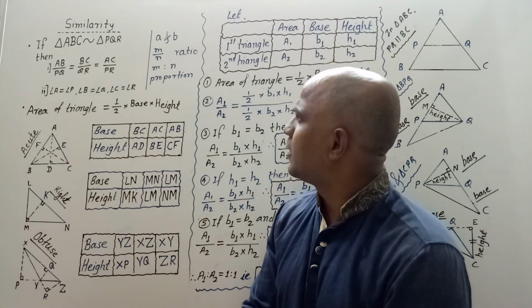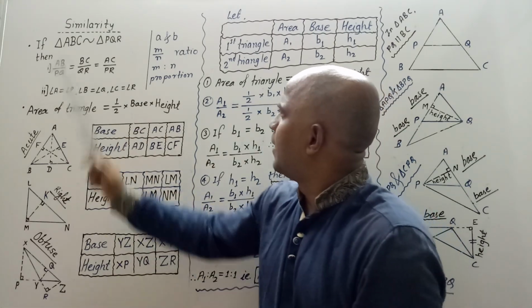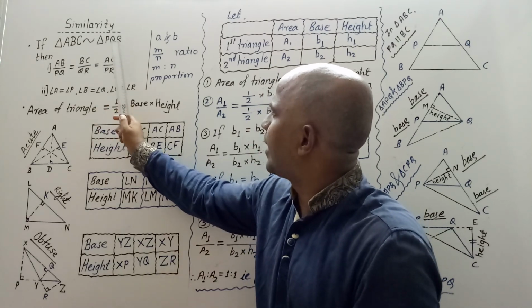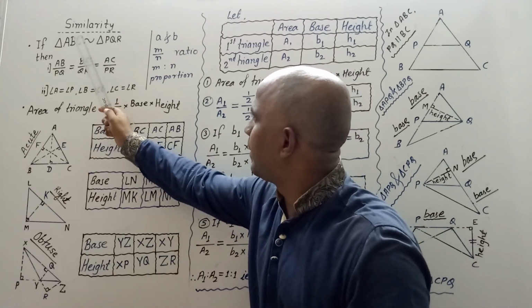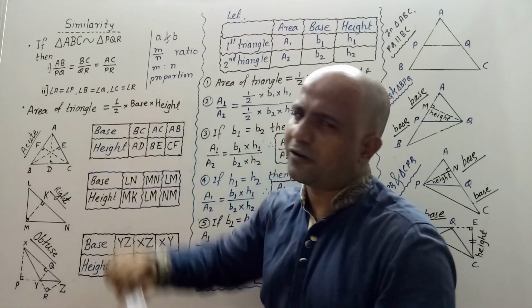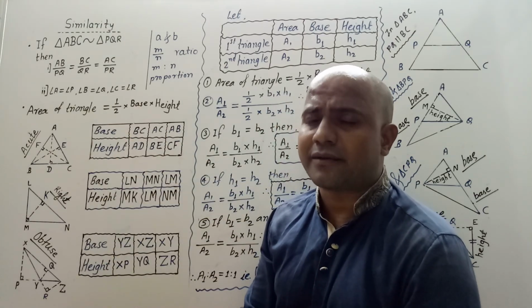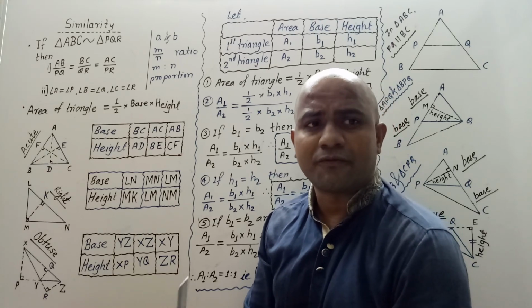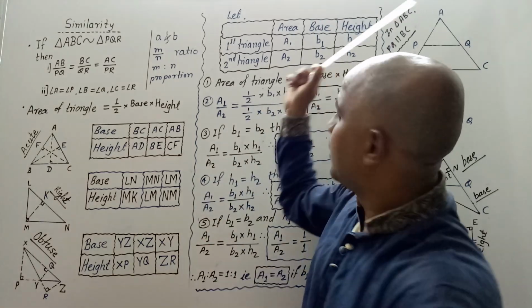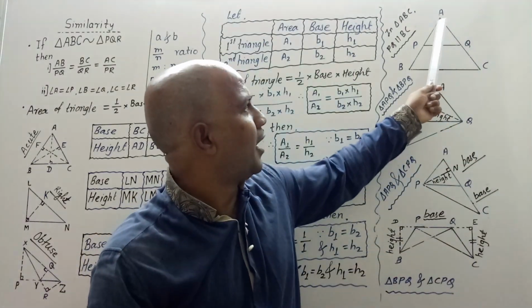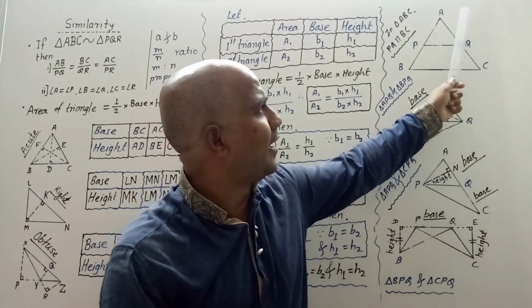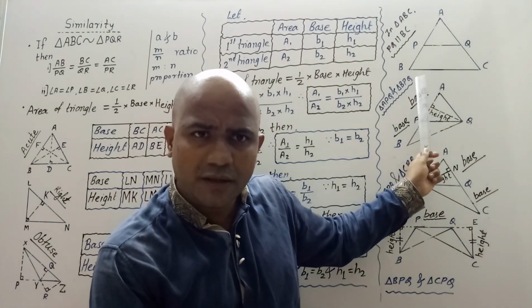How to recall this in another way? Triangle ABC similar to triangle PQR. We can simply remember this as a correspondence. We can write the name of any triangle in 6 ways. For example, here triangle ABC, we can write triangle ACB.